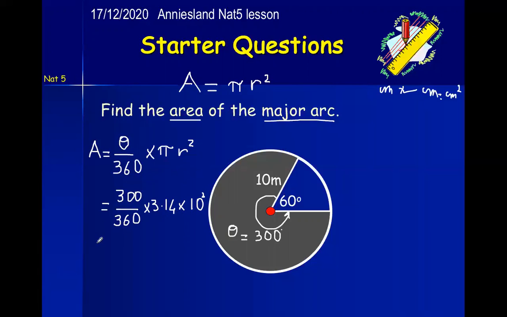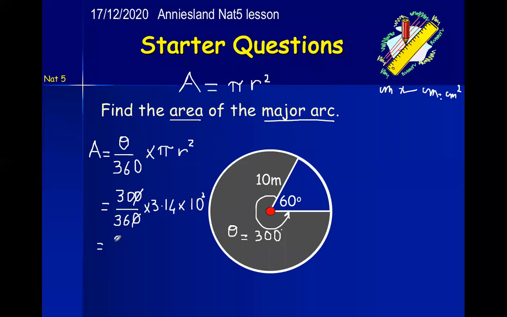Next I'm going to use my fraction skills. Divide by 10 both top and bottom. This is a multiple of 3, and this is a multiple of 3, so I can change that to 10 over 12. Or 5 over 6, because this is a multiple of 6 as well, and a multiple of 6. So it's up to you.